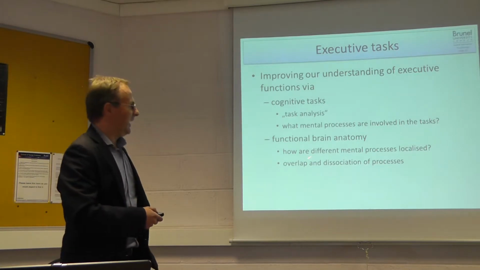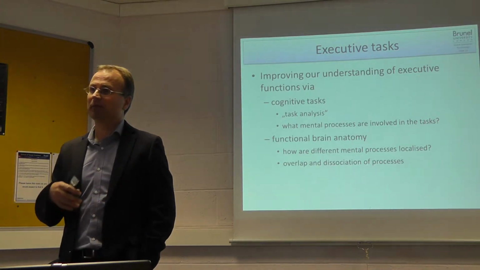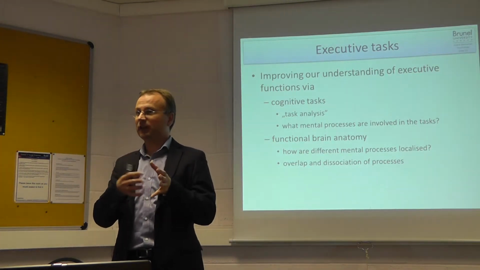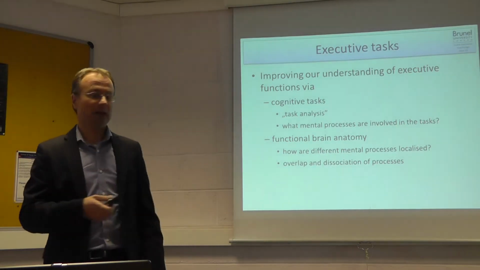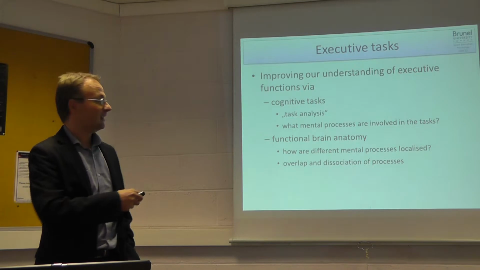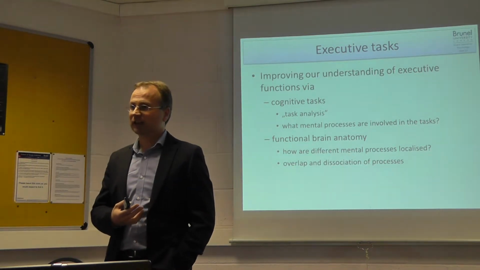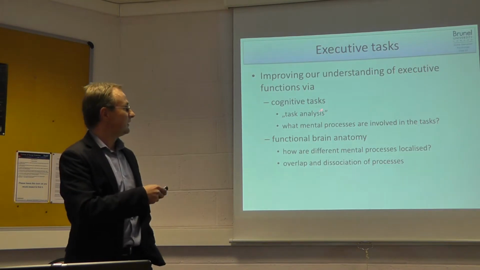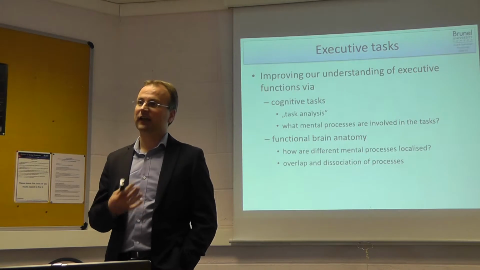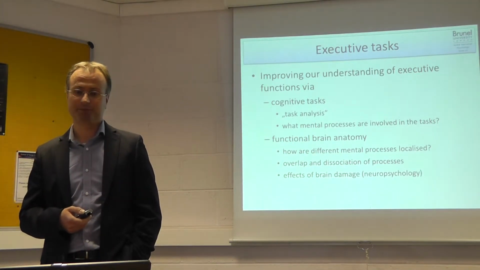Depending on the overlap and dissociation of processes, we may make inferences about whether they are related to each other or not on a cognitive level. So we can, in an interactive way, try to define and better understand executive functions by having a close cognitive perspective and a functional neuroanatomy perspective.